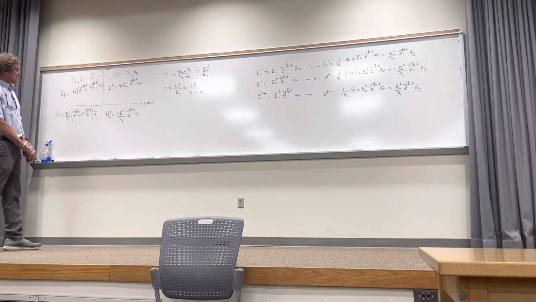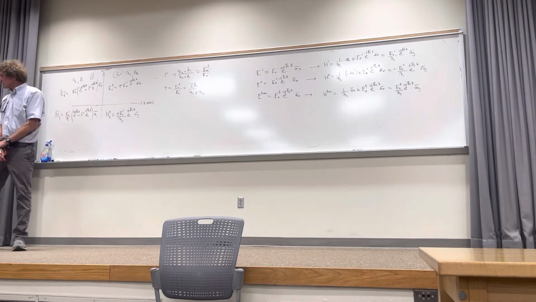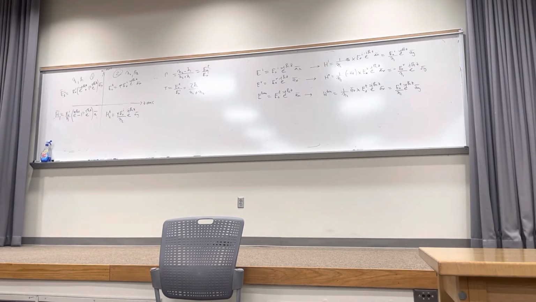And that's it in a nutshell for transmission and reflection coefficients for normally incident waves on a medium. So in Dr. Wentworth's book, this is the equation. That's how it was developed.